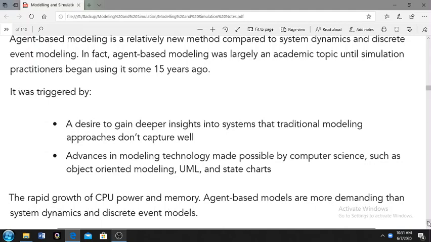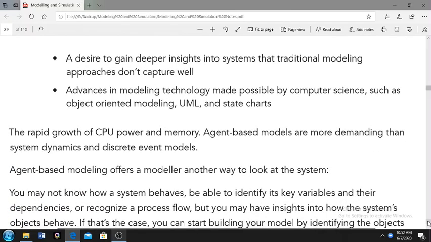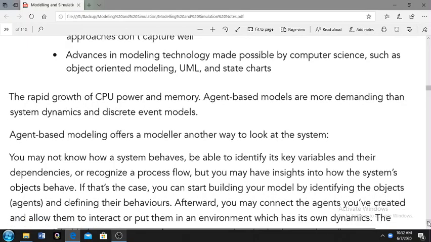Another element which triggered agent-based modeling was advances in modeling technology made possible by computer science, such as object-oriented programming, UML, and state charts, and the rapid growth of CPU and memory.